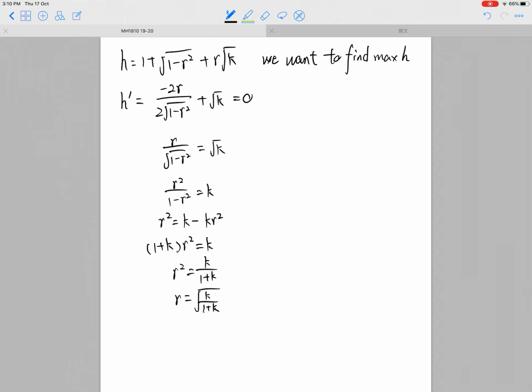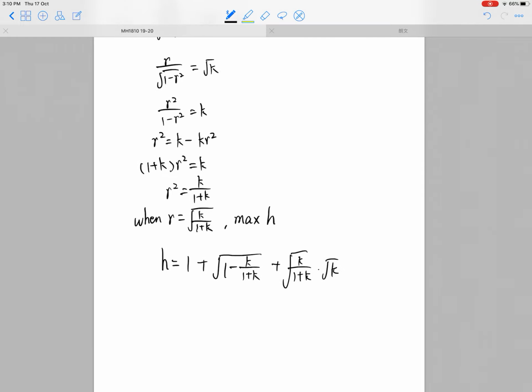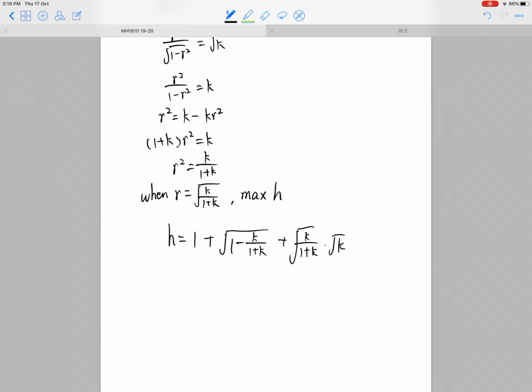Right. When r is this, you have maximum h, right? Then what is the maximum h? Your maximum h, you just have to sub r into this equation: 1 plus square root of 1 minus r squared, plus r times square root of k. Okay, then you just have to do this part.